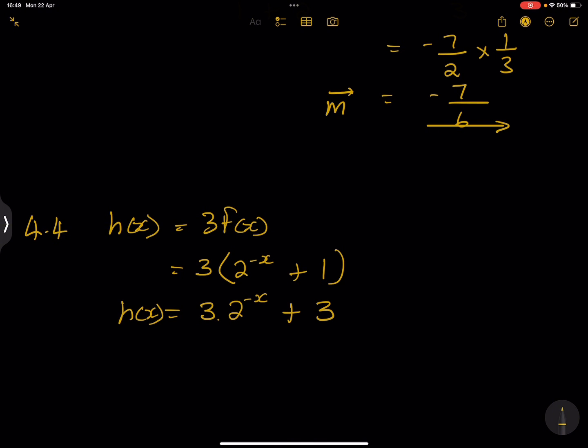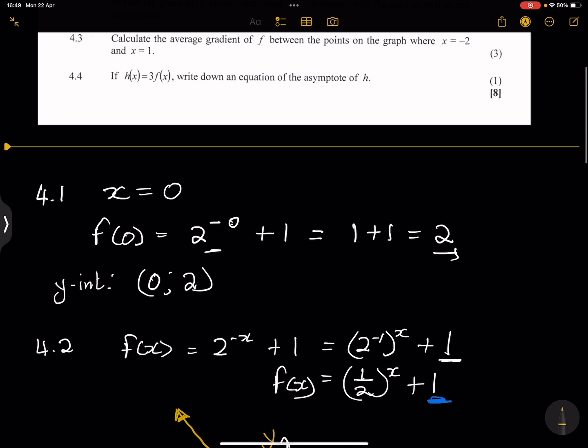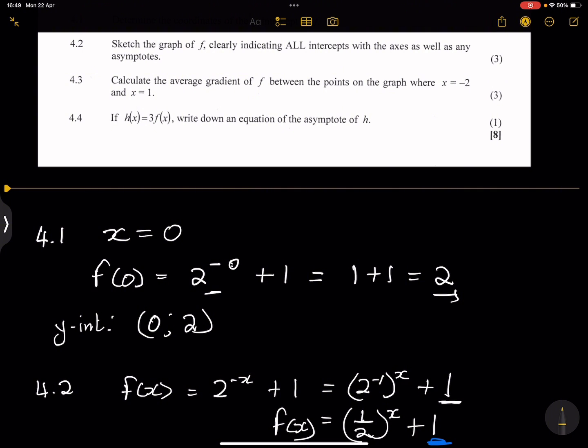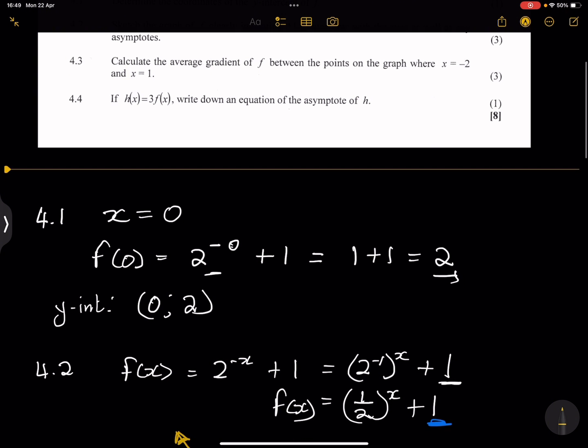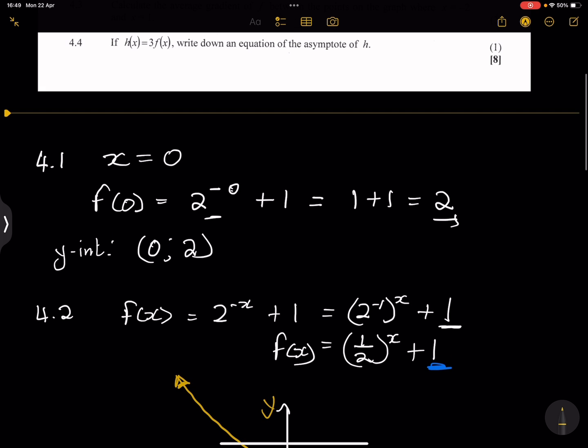Now, what they wanted to find out is the asymptote. How much did we shift this graph by?